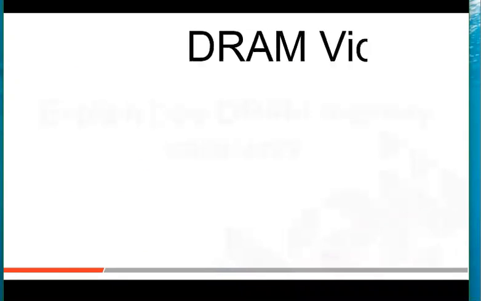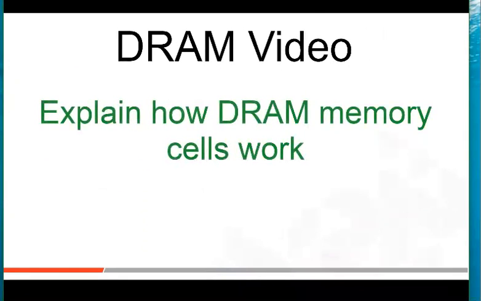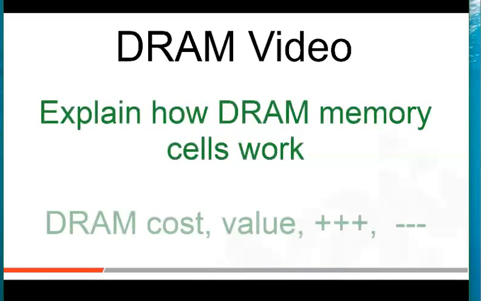In this video, we will show you how the DRAM core memory works at a very high level. Through this video, we are going to learn about the advantages and disadvantages of this technology.